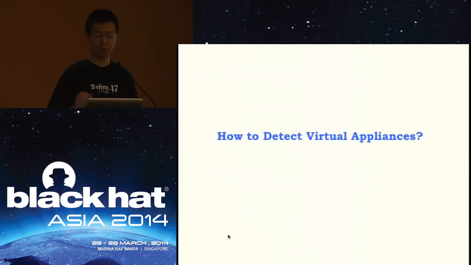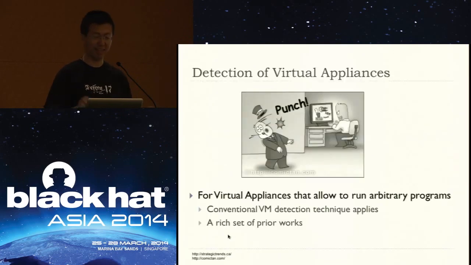Now let's go to the real question: how to detect a virtual appliance. The short answer is it really depends on which type of virtual appliance. Because a virtual appliance is a VM, and for those VMs that allow people to run arbitrary programs, or maybe even access the guest OS kernel level, life actually is not too hard.